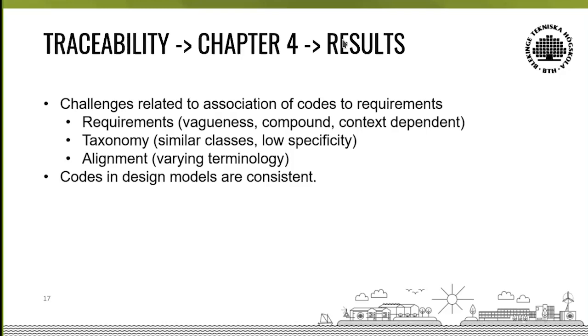We found that, mostly, for the couple of design models we looked at, they were actually consistent. But we haven't investigated if these design models were created by the same person or different people, as we didn't have the author of the design models.